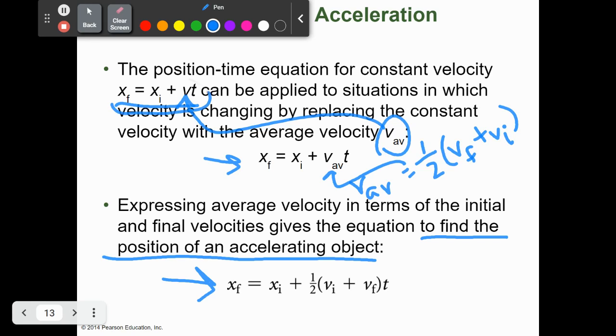This one for final position is the same all the time, but we may make a little tweak here and there to account for different circumstances. So I can find final position where my object is accelerating. It's the same general equation. I just derived it, substituting in another equation in place of what I was looking for. That's what we do all the time. We combine 2 or 3 equations and substitute in and come up with something that we need.